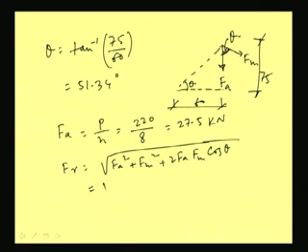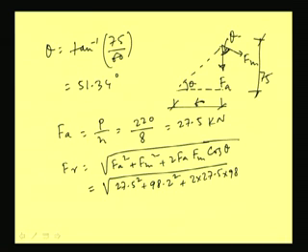So, this will come 27.5 square plus Fm, which is 98.2 square plus 2 into 27.5 into 98.2 into cos theta 51.34. So, from this we can find out this value as 117.36 kilonewton. The resultant force in the rivet at the extreme position is 117.36 kilonewton.